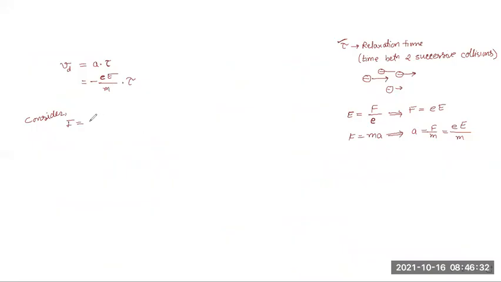So the equation is N into e into A into Vd, and we substitute the value of Vd so that it becomes N into A into e, and then e capital E divided by m into tau, the relaxation time, giving a very different equation: N into e square into A into E into tau, whole divided by m.